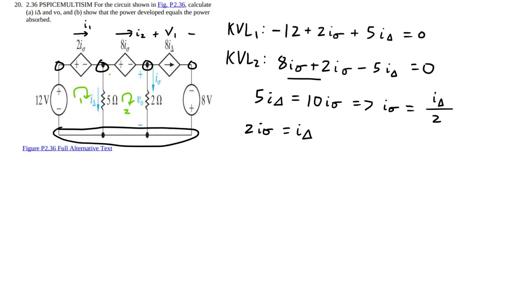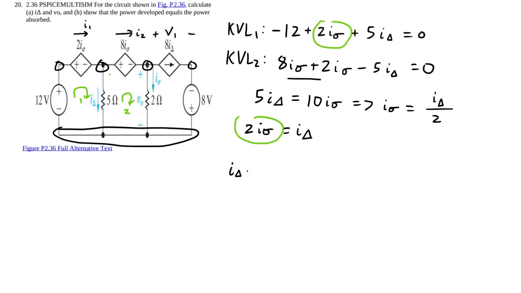So let's do the KVL thing again. Minus 12, and I'll put the 12 on the other side because it's negative. Okay, 2 I sigma equals I delta, and we have a 2 I sigma right here, so we can just put in I delta.